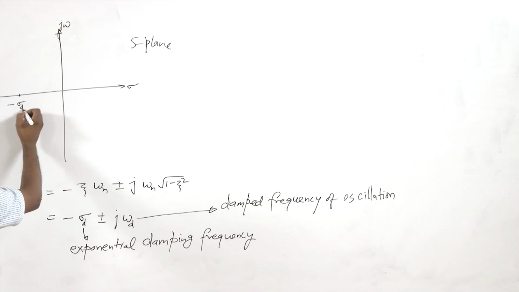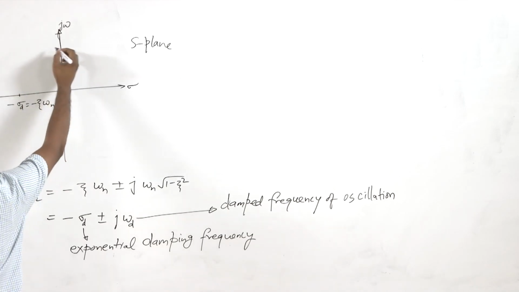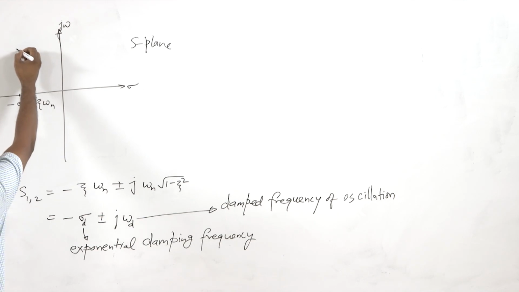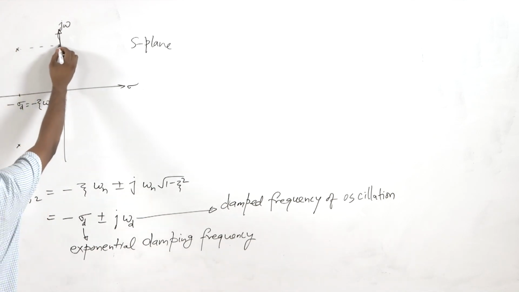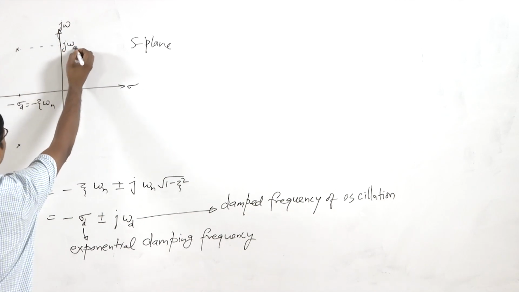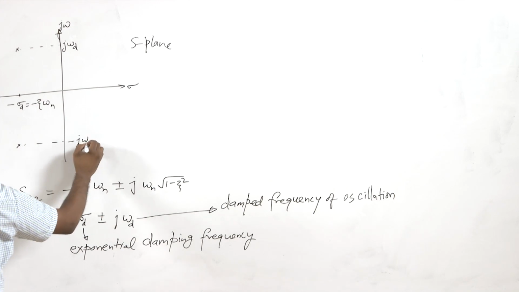Now, if we want to plot this, so here is minus sigma d or minus zeta omega n, and these are the two poles, and this is j omega d, and here is minus j omega d.